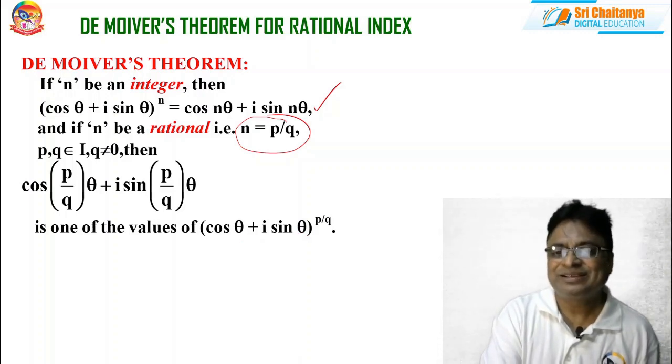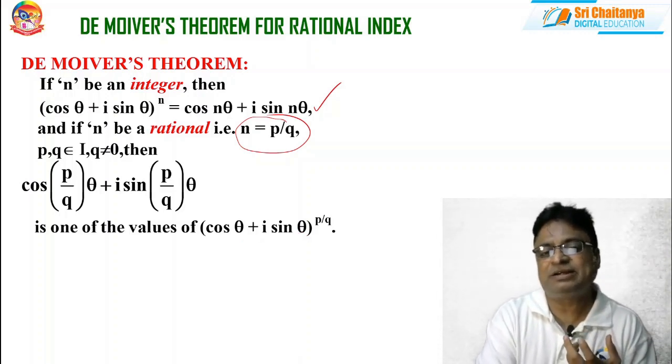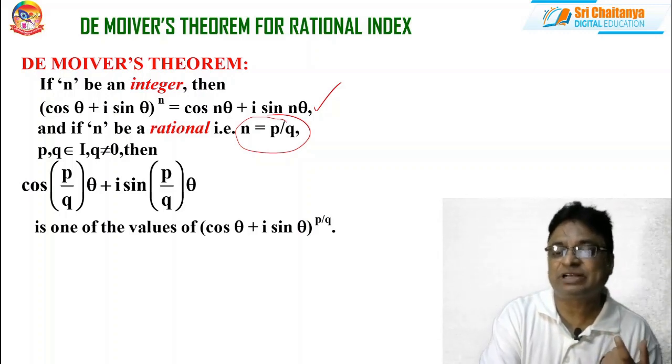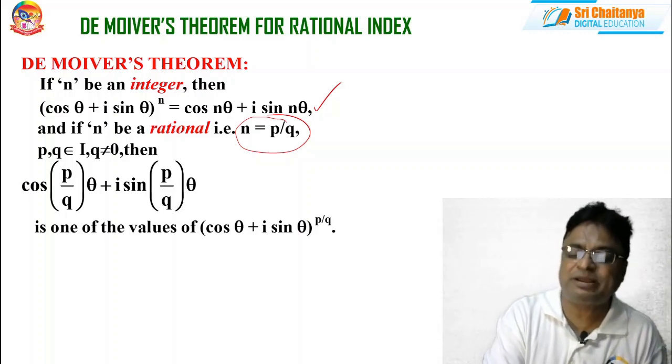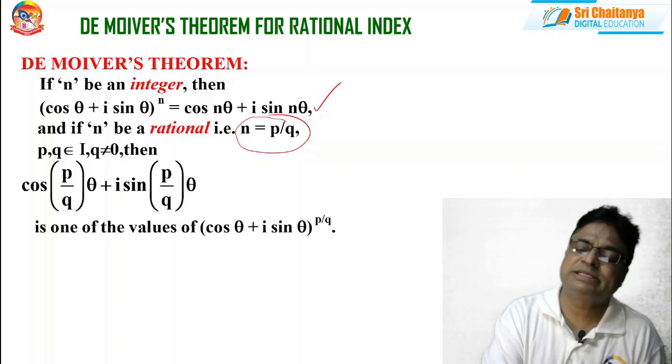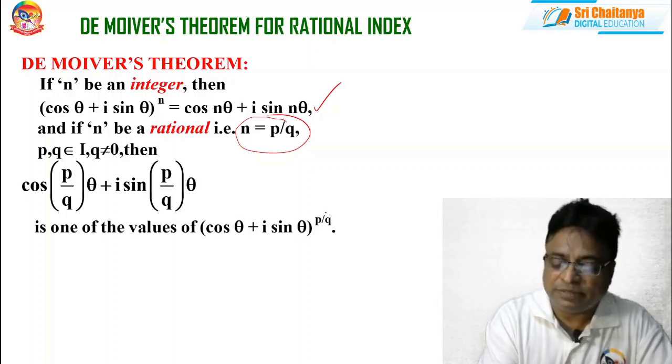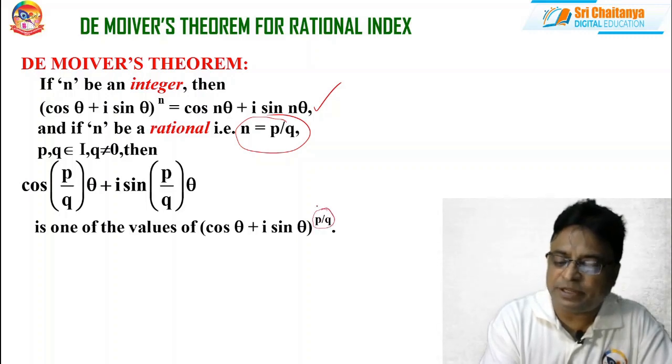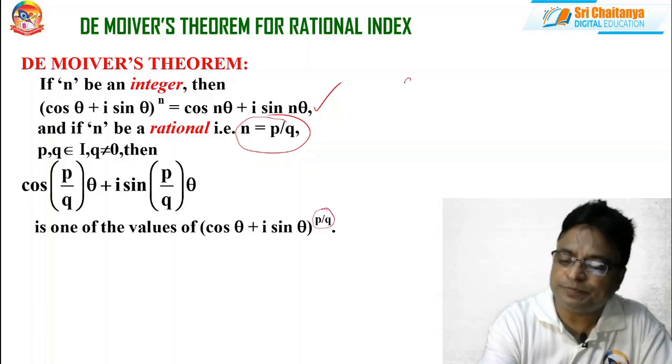Clear? So immediately in your mind, one question should arise. How many values may occur for (cos theta plus i sin theta) whole power p by q? Yes, it's a good question. Based upon p by q, the denominator is q.